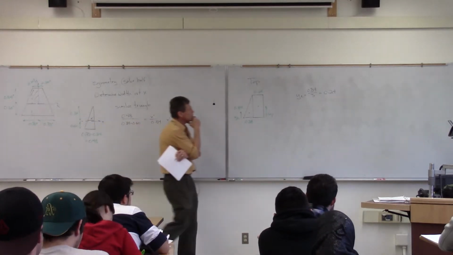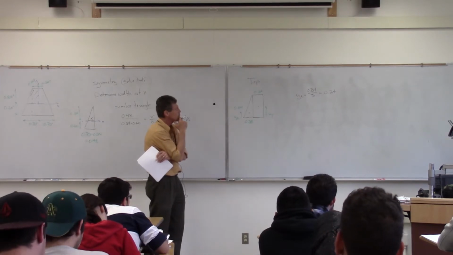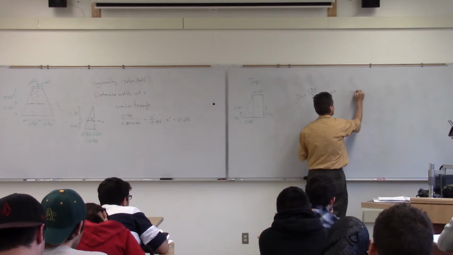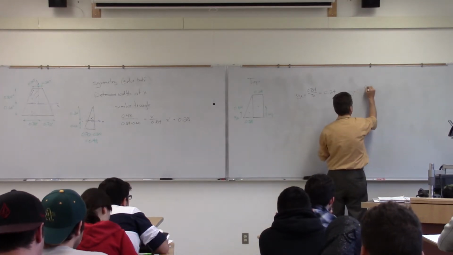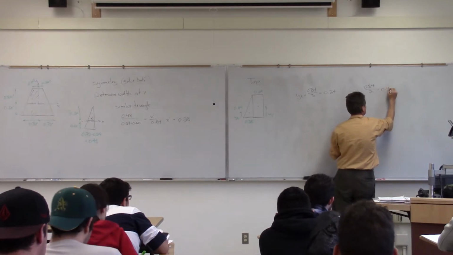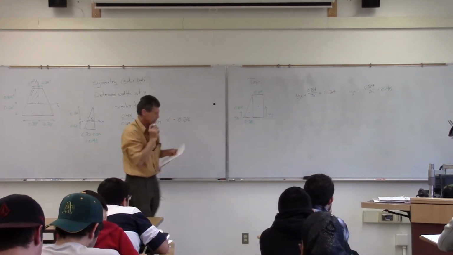So that yt to the centroid of that particular area there is going to be 0.24. Rectangle is pretty easy. It's going to be at the halfway point. We know it acts right there in the middle.